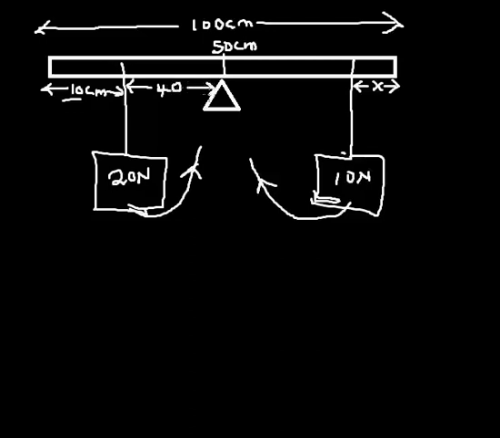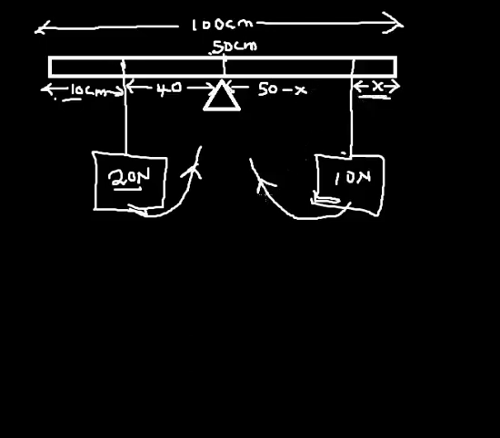The center is 50, and this 20 Newton is placed at 10 cm, so the distance is 50 minus 10. The same happens on the other side. The distance is x, so the rest of the distance is 50 minus x. Remember, the whole idea is for me to find x.